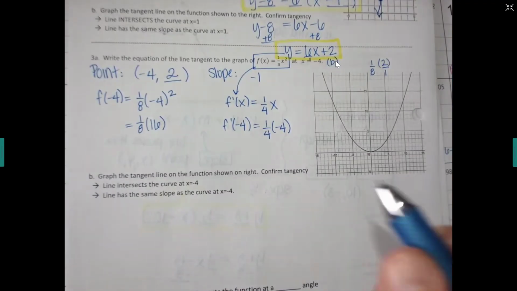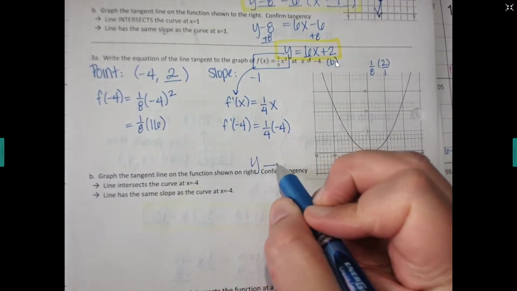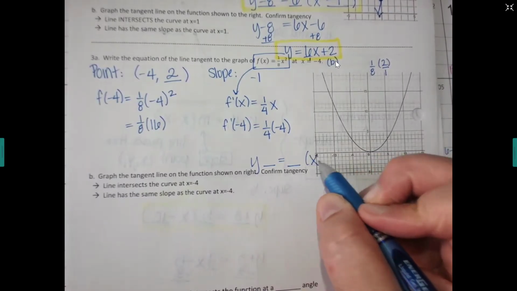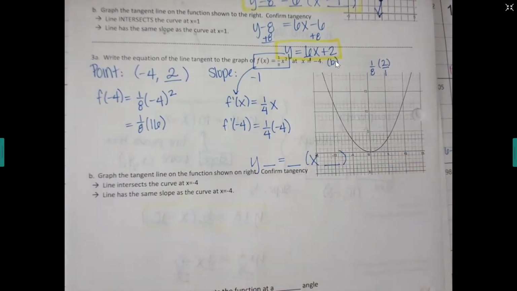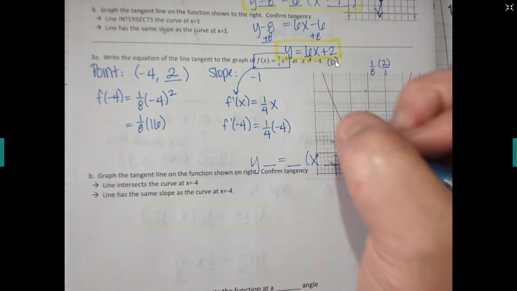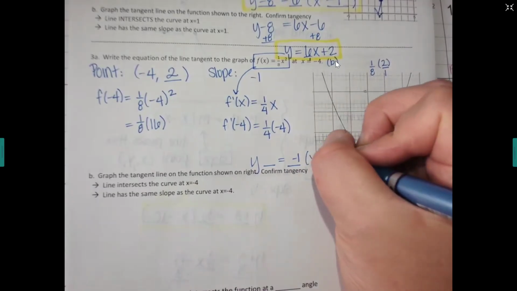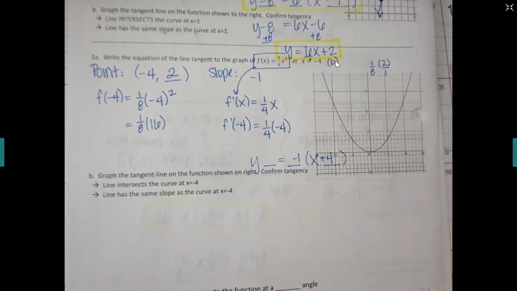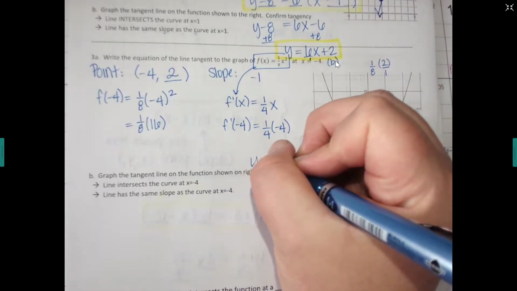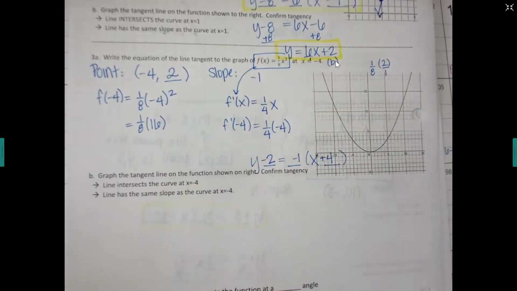So remember, you're going to start with y blank equals blank x blank. Your slope or your m goes into the middle blank. Your x and y's are going to go in opposite signs. So it'd be a -1 in the middle. My real x is -4, so I'm going to use a +4. And then my y is 2, so I'll plug in a -2.